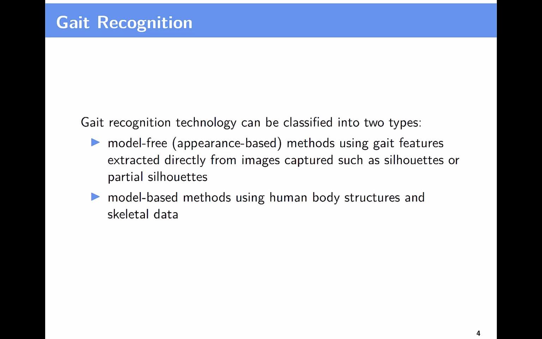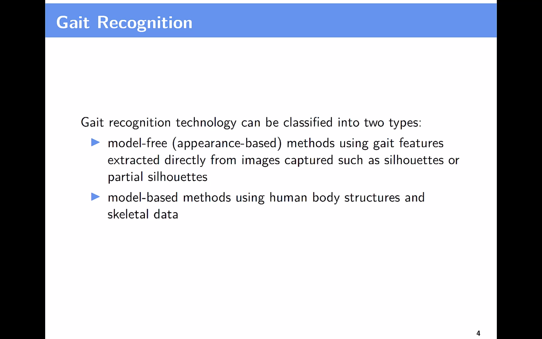There are two types of gait recognition technologies. The first type is called the model-free or appearance-based method. This is the technique where gait features are extracted directly from images when we capture images of a walking person from a video camera. Another technique is called the model-based method.